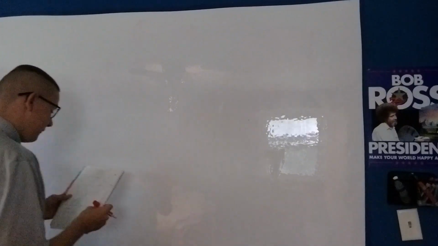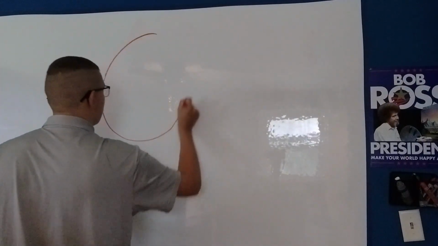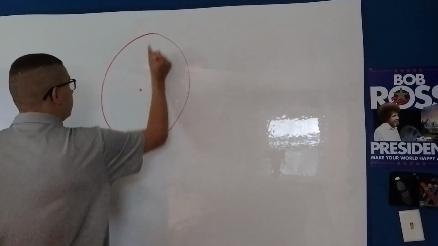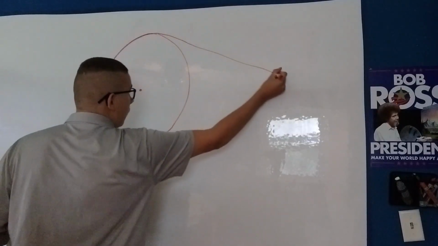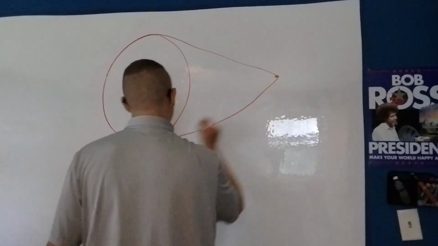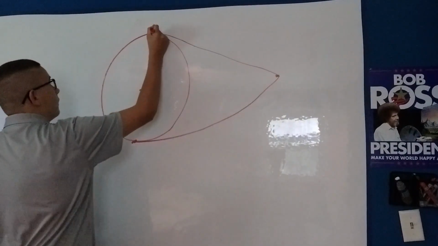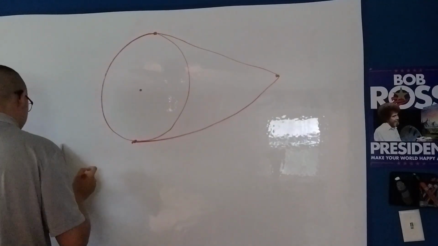So the way to prove this is with a circle here, like this, and our center, and our 2 tangents that go off, like this. And they meet here, here, like this.